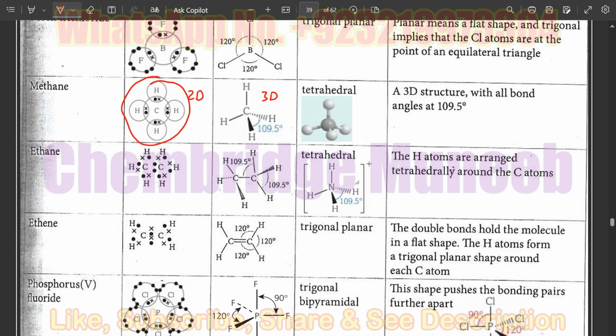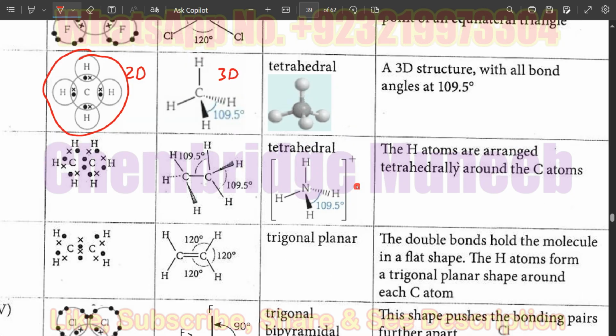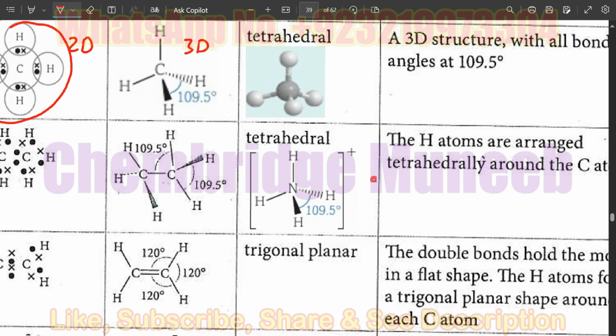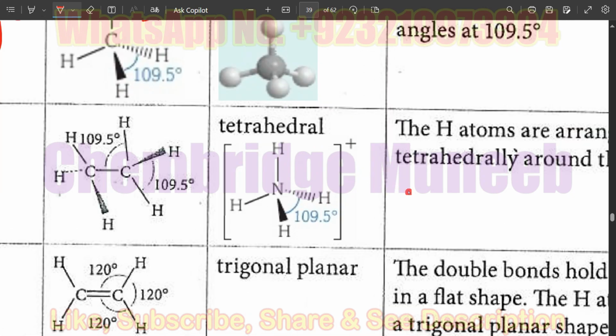The other example here is the ammonium ion. Just below this it is the ammonium ion, which you write the formula as NH4 plus. Now in this NH4 plus there are 4 hydrogens around the central nitrogen atom, along with a positive charge on it, and the angle is the same, 109.5 degrees.